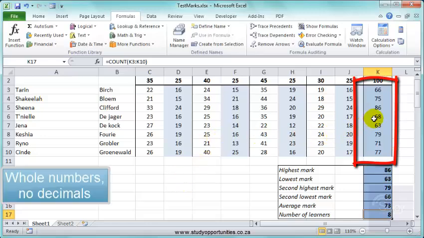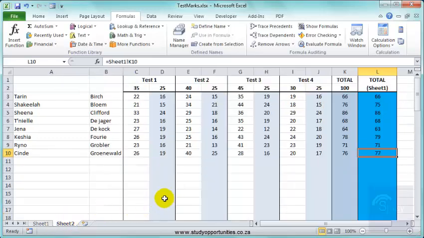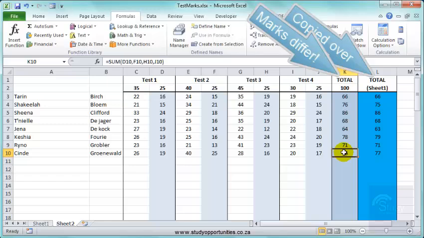Now here, these are whole numbers. Let's look at sheet 2. The difference in numbers: here, these are totaled up from sheet 2. That's what I've just worked with now with the round numbers.